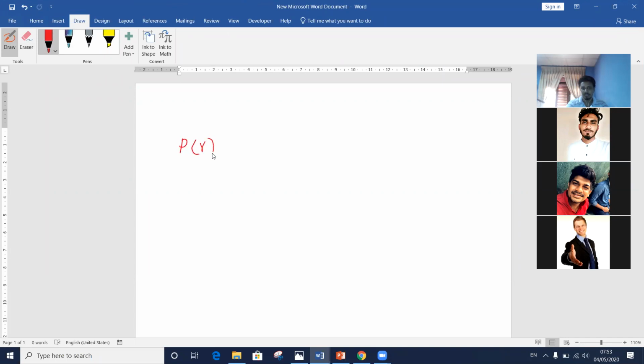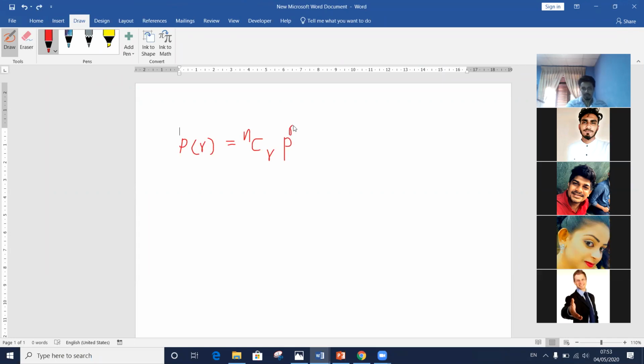Probability of r number of successes equals nCr into p to the power r into q to the power n minus r. This is how we find the probability in a binomial probability distribution, right?